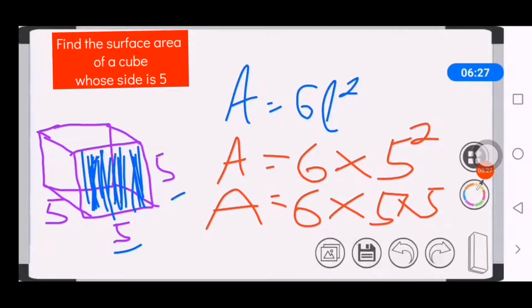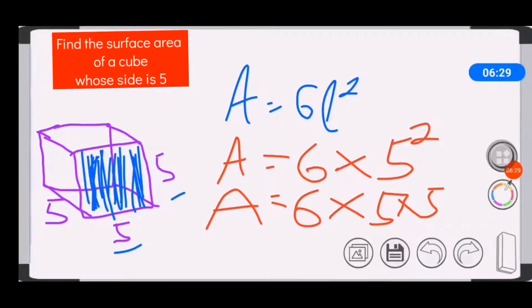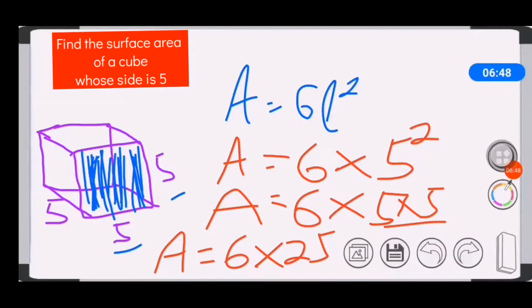It's still fine. Or you can start from 5 times 5, then you get your answer straightforward. Or you can find your answer straightforward from 5 squared, which is 5 times 5, and that is 25, which is still fine. So our area is going to be 6 times 25. 25 is coming from 5 times 5, the 5 squared.